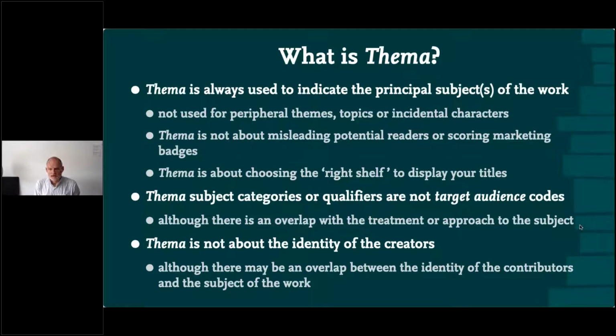It's a whole age range where people are changing, constantly learning new skills, learning to read, developing new interests. So accuracy is incredibly important with the children's material. And also another point on this slide is we say Thema is a subject categorization. It's not a target audience code, but perhaps the Y section is where there's the biggest overlap, because we've got a notion of children and teens in the heading. So there is a slight notion of audience implicit in the Y code.